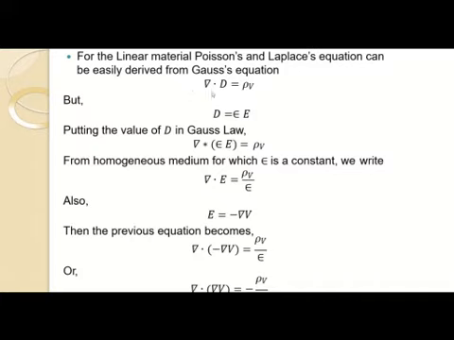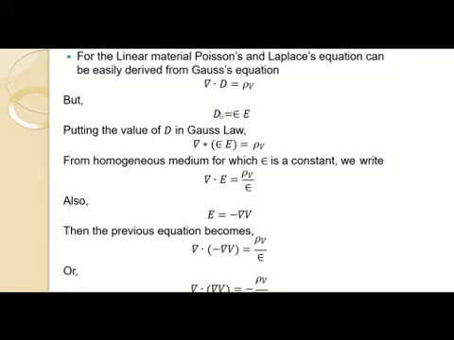How to prove? First of all, in my last lecture we proved the differential form of Gauss's law, that is nabla dot D equal to rho, where D is equal to epsilon E. D is the displacement vector. Now E is the electric field and epsilon is the permittivity.